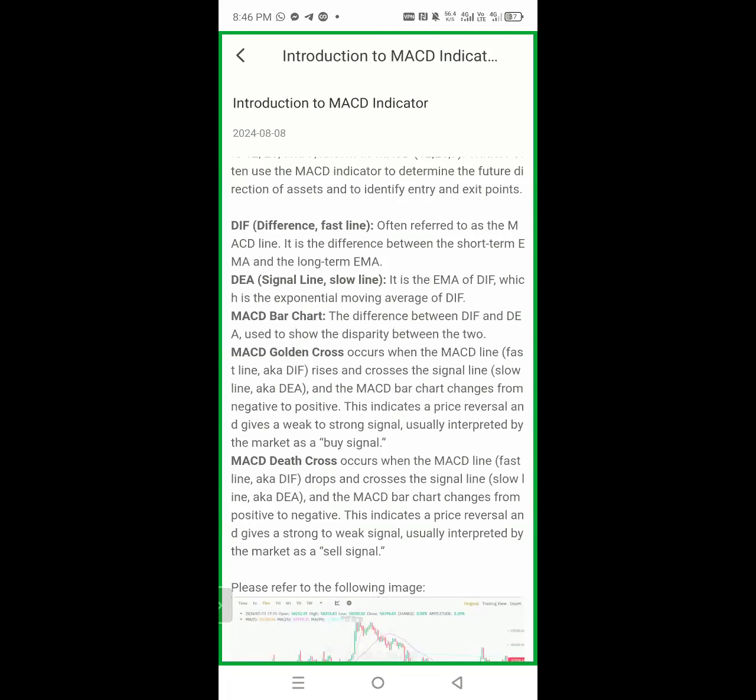So the slow line is the exponential moving average of the MACD line. You understand? The two move side by side, where one is the exponential moving average of the main MACD line.